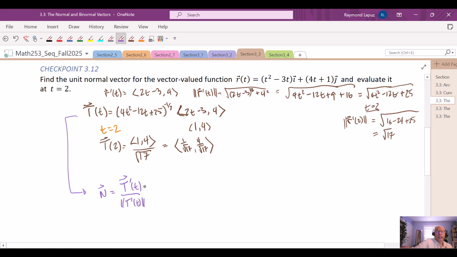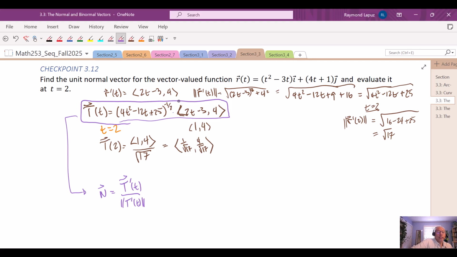Now you can kind of see that we would have to take the derivative of this expression T here, which does not look nice. There's definitely a formula for this where we have a scalar times a vector, so the derivative of that will require the scalar multiplication product rule that we've seen in derivatives, which may seem kind of easy in theory, but when you actually try to do it, it gets a lot more difficult.